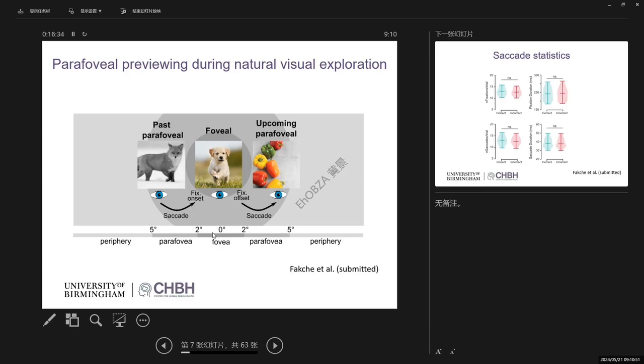When we fixate here, how much can we predict of upcoming objects? However, we are also considering past parafoveal images. Could it be that there's some sort of maintenance of what you just looked at before when your eyes are moving on to the next object? All this we have been trying to quantify.